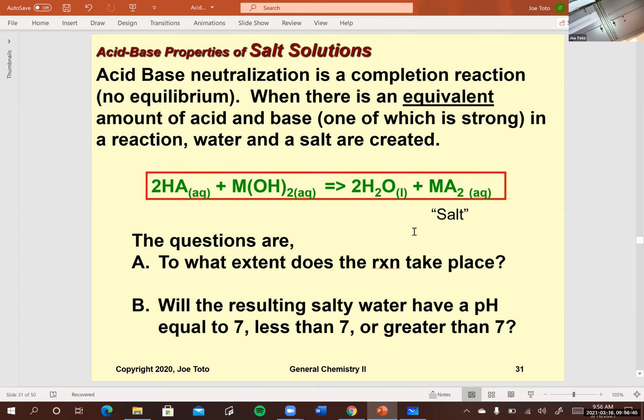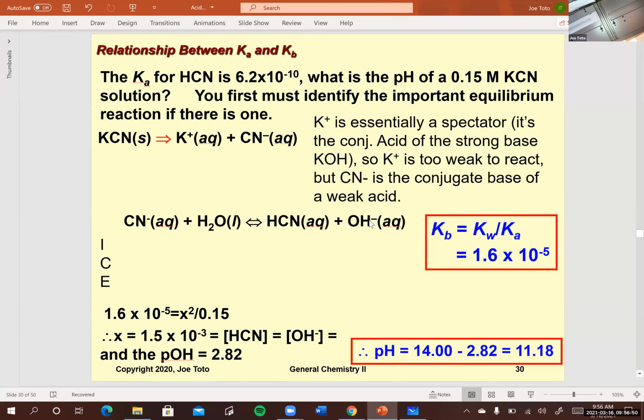First of all, before we get into this, are there any questions on any of the stuff that we talked about before, like salts?